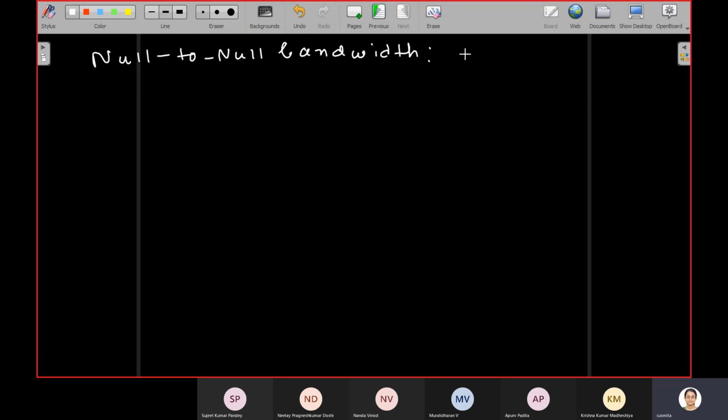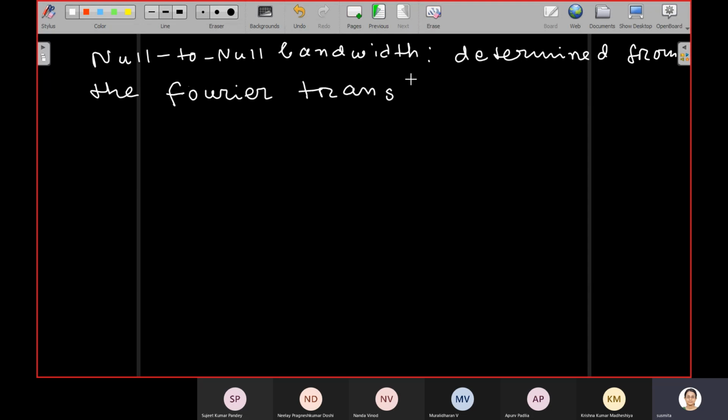Null to null bandwidth is determined from the frequency, or I'll write FFT or Fourier transform, of a single chip.